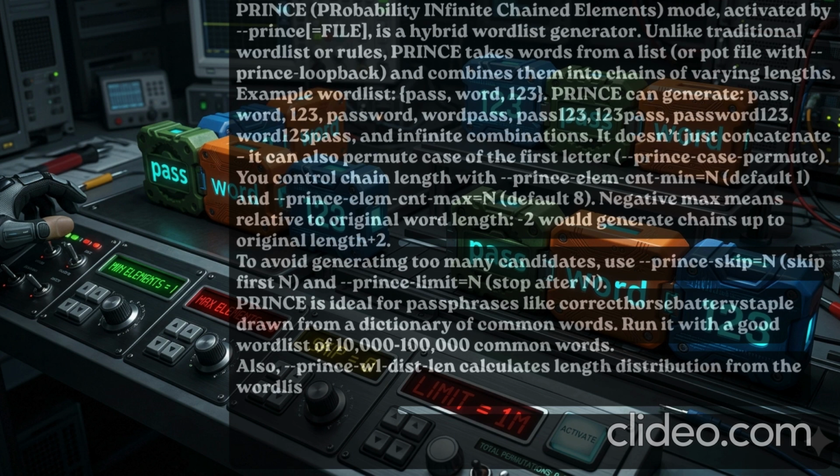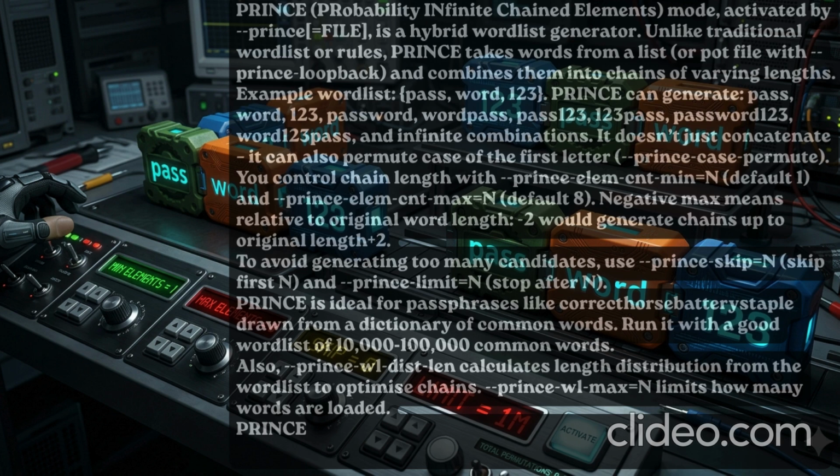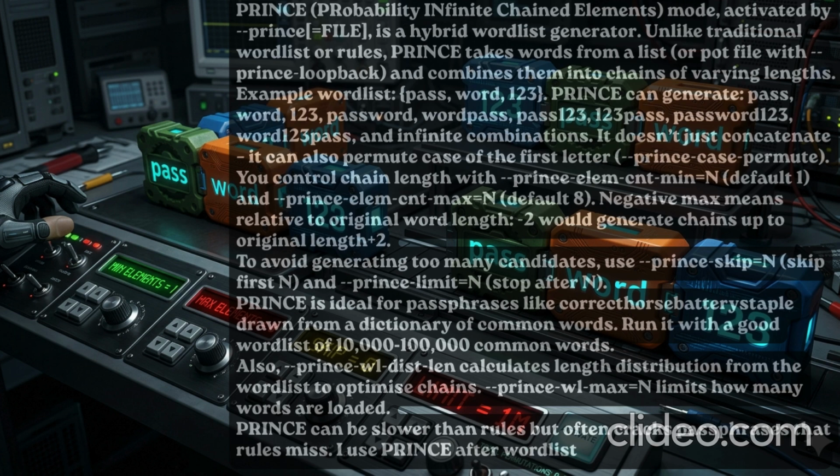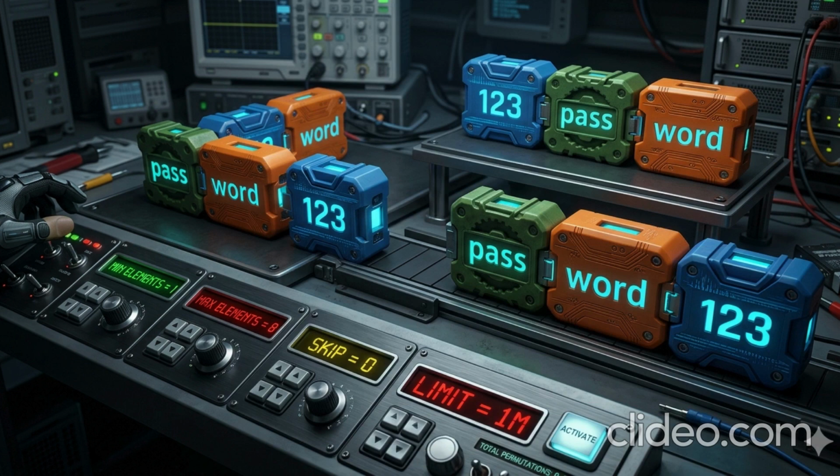Also, --prince-wl-dist-len calculates length per distribution from the wordlist to optimize the chance. --prince-w-max=n limits how many words are loaded. Prince can be slower than rules but often cracks passphrases that rules miss. I use Prince after wordlist plus best64 and before incremental.